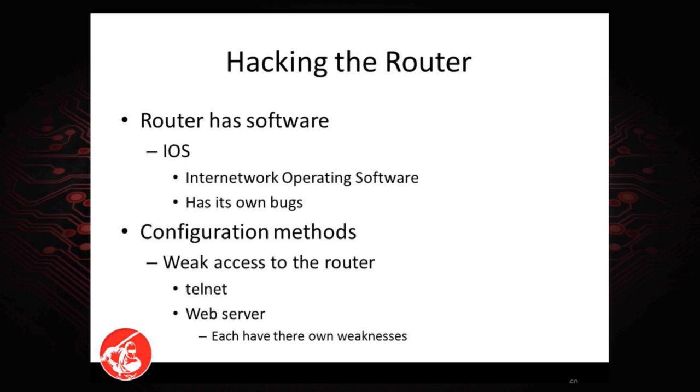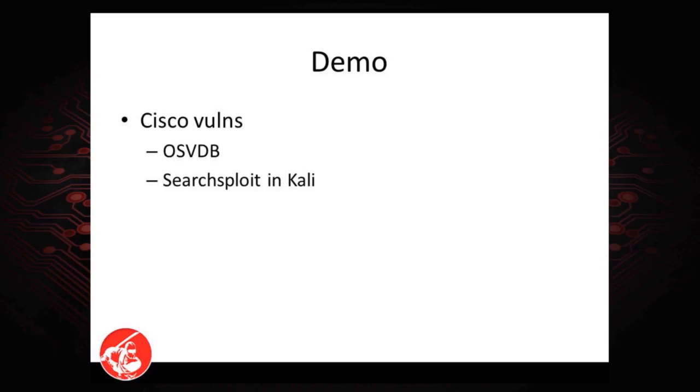Or the web server. If they're running a web server on the device, it could have its own weaknesses too. So the software within the router itself might give us a vulnerability that we can use to gain access to the router itself. Okay, we're going to do a demo now and look at Cisco vulnerabilities, an open source vulnerability database in SearchSploit, a tool in Kali Linux.